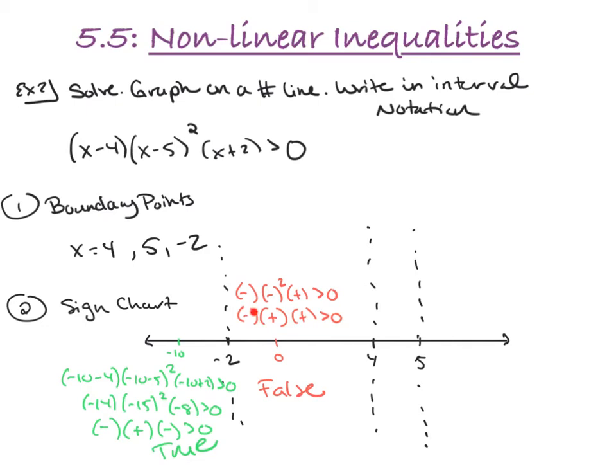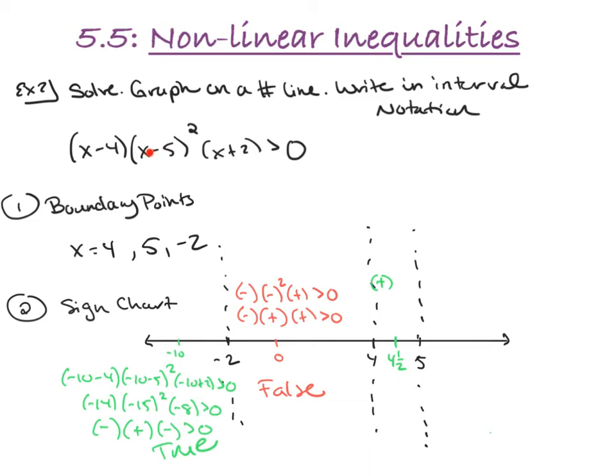Okay. Let's do this sign component, forego the arithmetic, when we do our next column. So between positive 4 and 5, let's do 4.5. So when we pick 4.5 for x and plug it in, 4.5 minus 4 is positive.